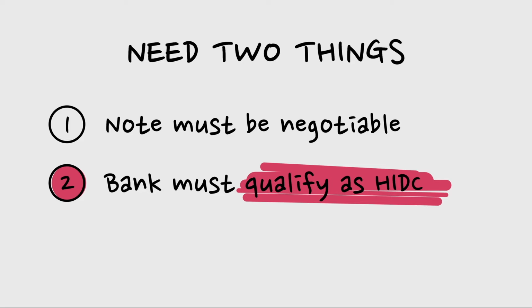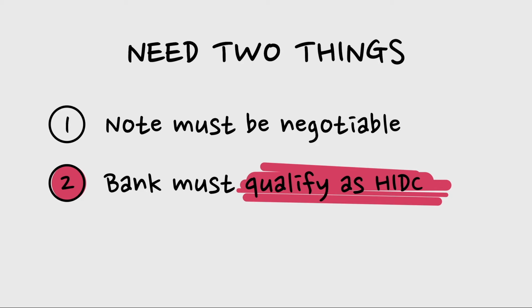And even if it is negotiable, if the bank is not a holder in due course, then they don't take that free of any sort of defenses or concerns about the underlying transaction. So both of these things need to be true. Our focus in this lesson is really the first. I'm going to briefly talk about number 2, a holder in due course, but that is going to be our focus down the road, probably like 2 lessons from now.